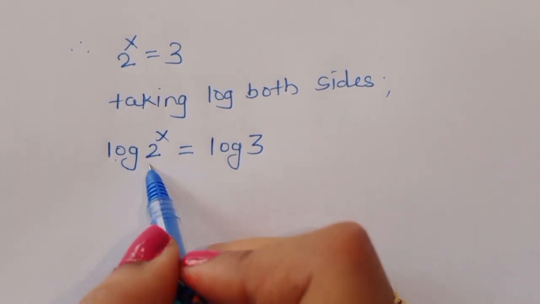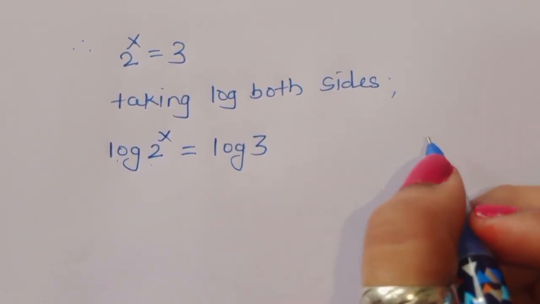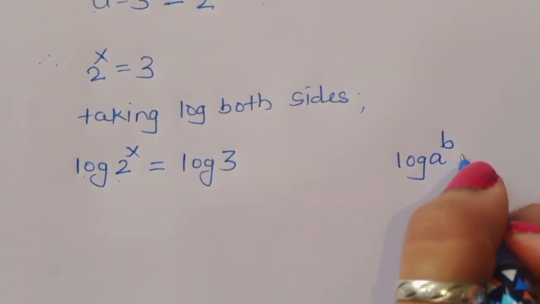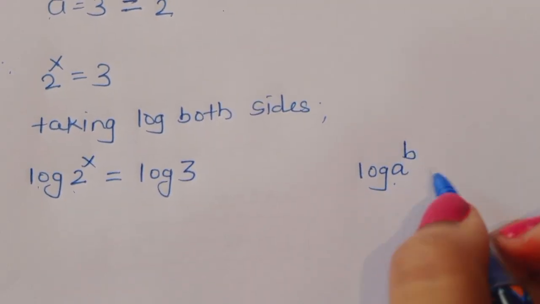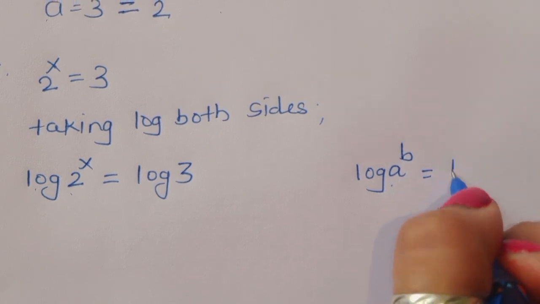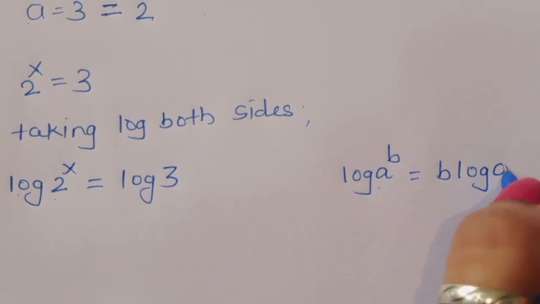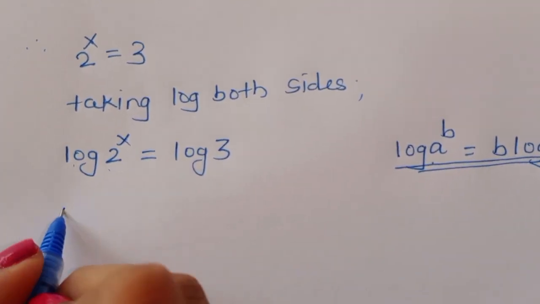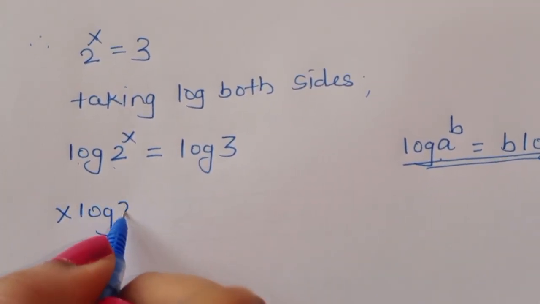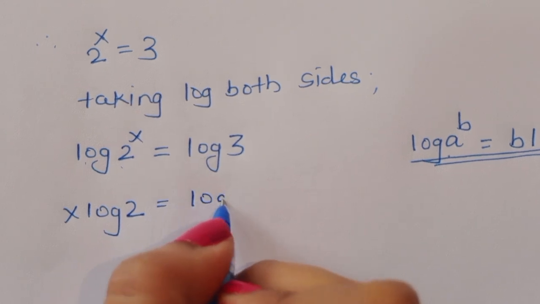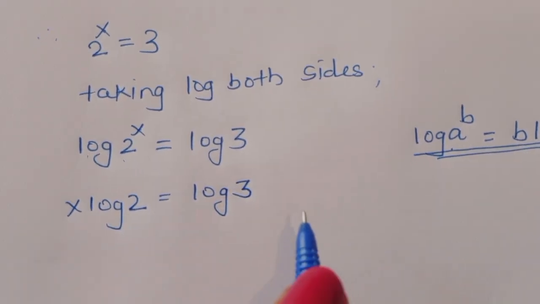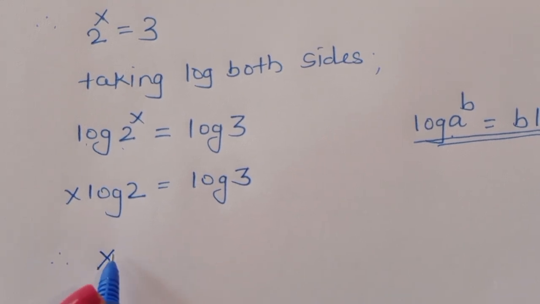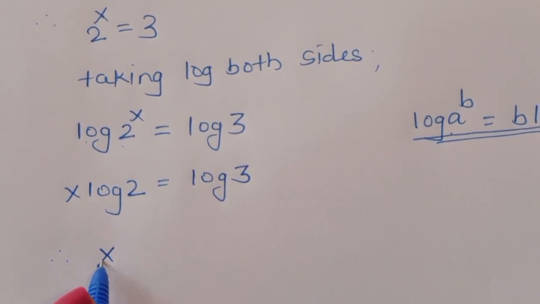Now for log of 2 power x, we know the formula: log of a power b is equal to b log of a, right? Using this formula we get x log of 2 is equal to log of 3.